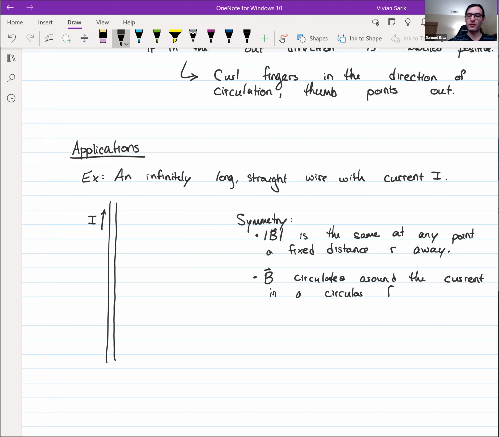In principle, you may have thought that, viewed from above, maybe it circulates like an oval. But there's cylindrical symmetry, so you should be able to rotate the whole thing without changing it. So it has to be circular. And so those two criteria together give us a suggested loop choice: a circle of radius r.